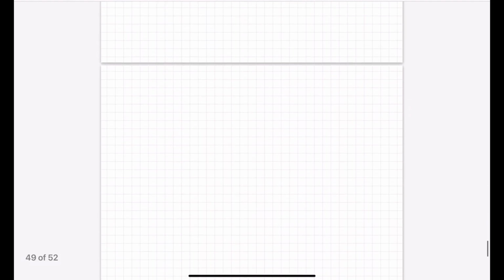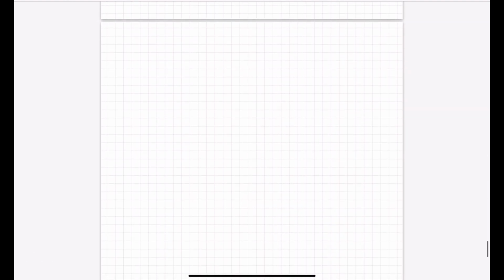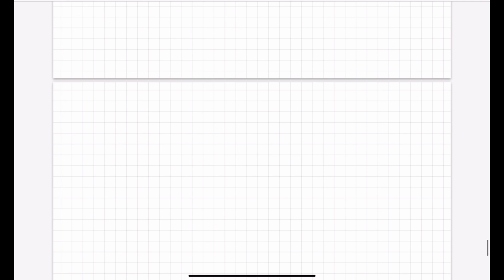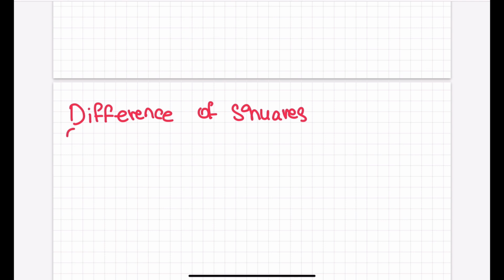Okay, let's get into the difference of squares. First, I'm going to teach you these two, then at the end of the video, I'm going to do 3 examples. So the difference of squares, let me use a different color. This one, same as the perfect square, there are formulas that you need to memorize.